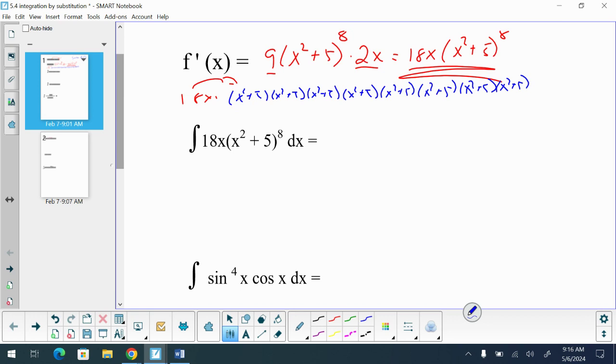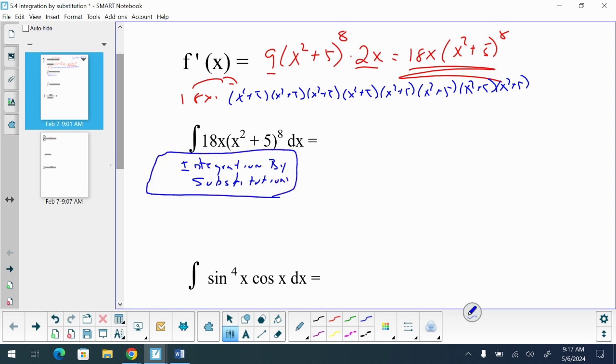Well, the technique we're going to use is called integration by substitution. This integration by substitution will undo our chain rule.